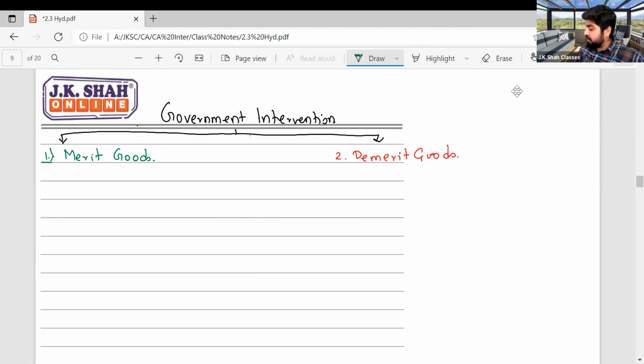What is the meaning of merit goods? These are socially desirable goods. Good for the society, correct. So in the bracket, we will write down socially desirable goods. Examples would be education, healthcare, etc.